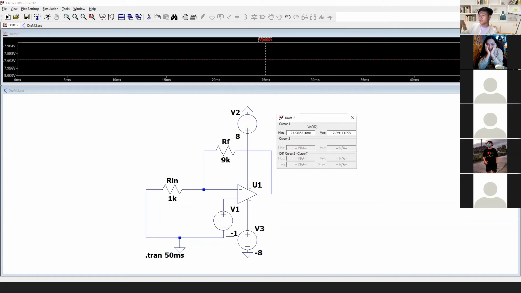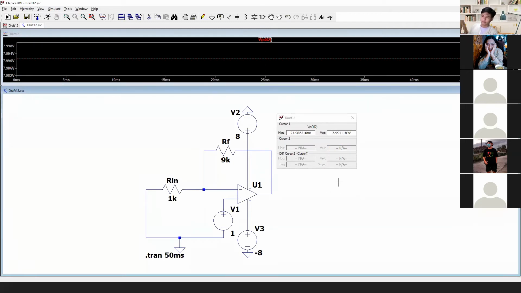So, meron na tayong voltage input na negative 1. Okay, so magiging negative na rin yung result. If this one is positive, then this one will become positive also. Or the result will become positive. There you go. So, 7.99. Right, so nagets no so far kung paano gumagana yung non-inverting amplifier natin.